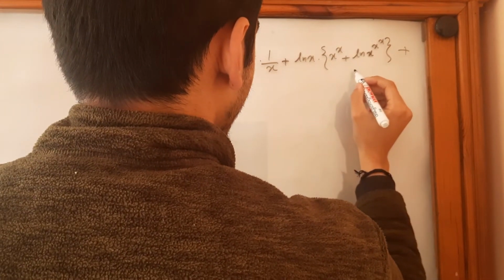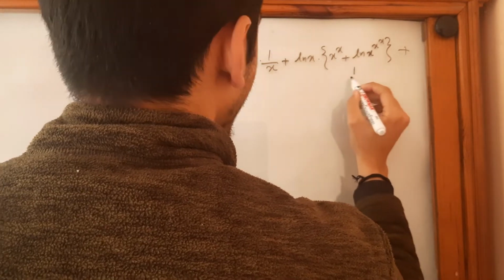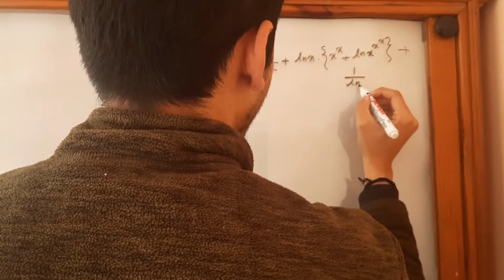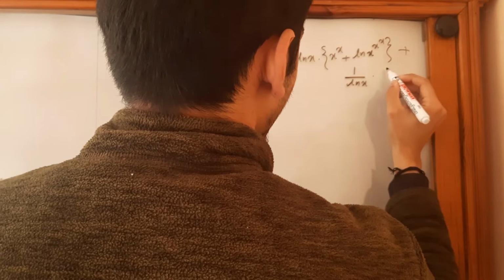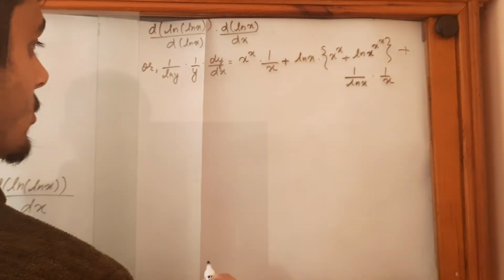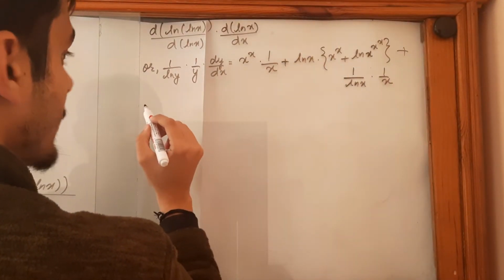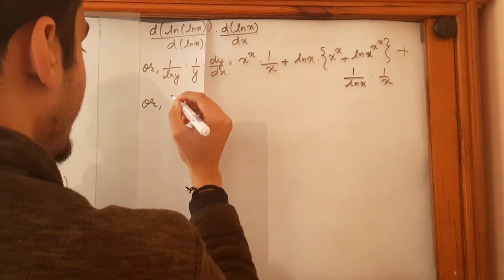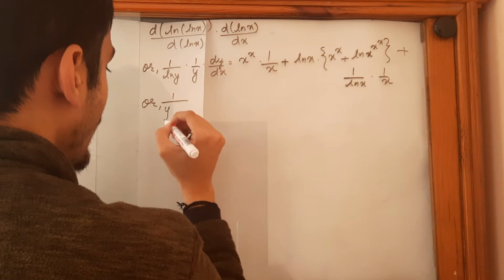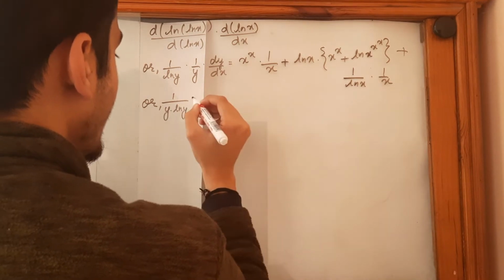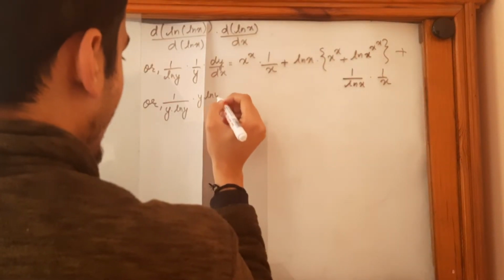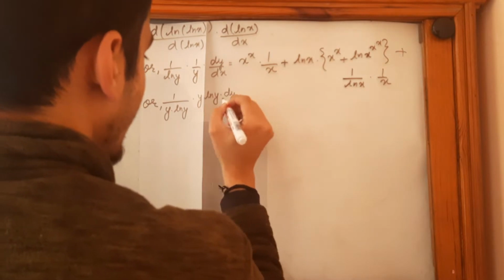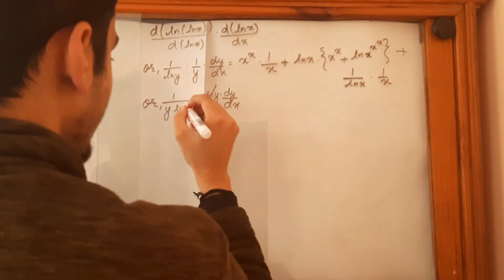Let's write it below, 1 upon ln x times 1 upon x. So let's multiply both the sides by y ln y so that we can get rid of this from the left hand side. Y ln y times y ln y times dy upon dx. Gone.